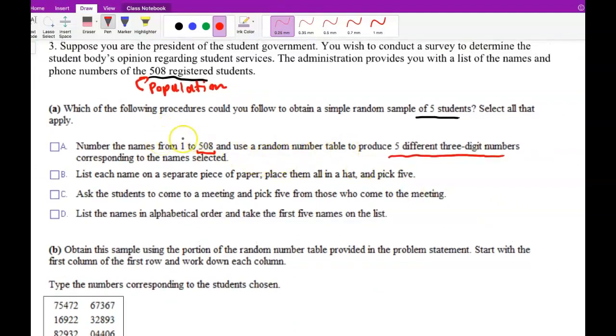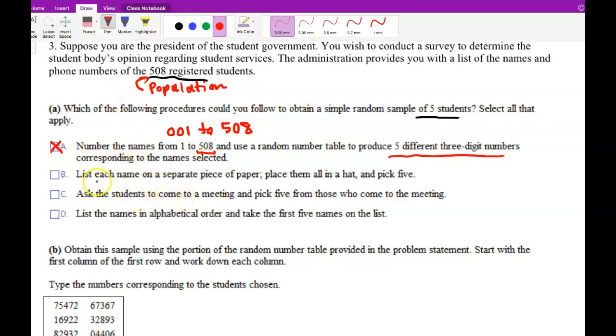What this means here on this part, we have 001 to 508. Okay, so 5 different 3-digit numbers corresponding to the names selected. It's asking if we can follow this method. Yes, this is correct because this is exactly what we did on the previous example.